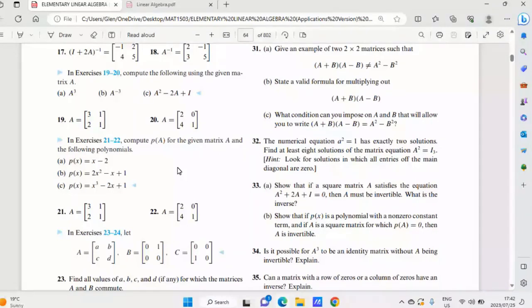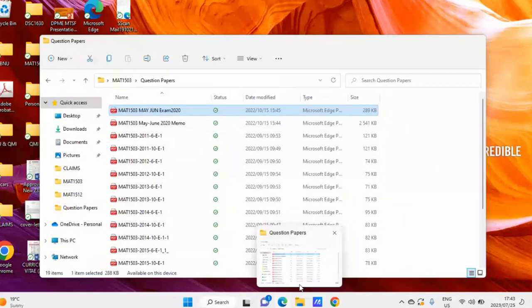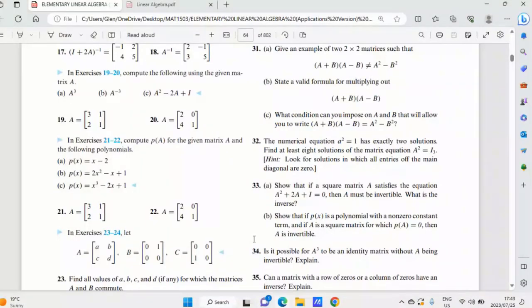So for x, we substitute matrix A. Then for minus 2, that 2 is a constant, a scalar, and we have to multiply that 2 with the identity matrix for us to have matrix subtracting matrix, not matrix subtracting a number.